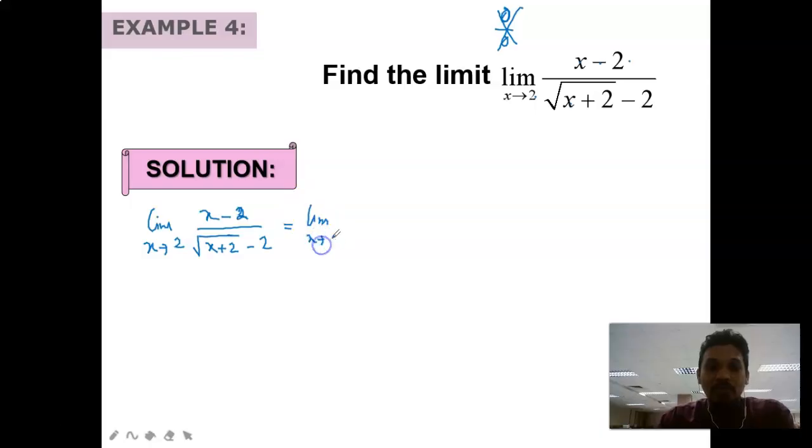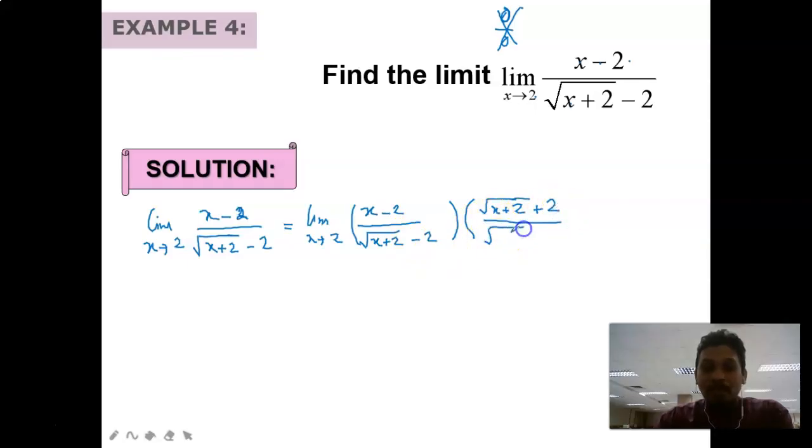x approaches 2. So then x minus 2 divided by square root of x plus 2 minus 2. Okay, and this one here multiplied with square root of x plus 2 plus 2. Conjugate means that we change the sign of this negative 2 to a positive 2 here, and divide by square root of x plus 2 plus 2.